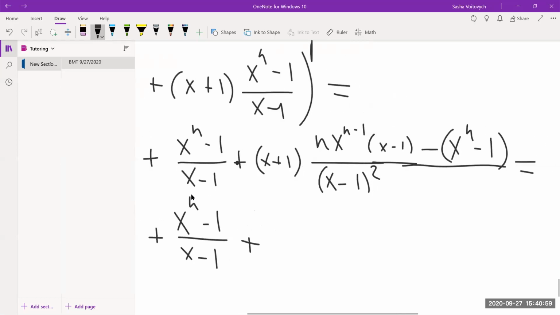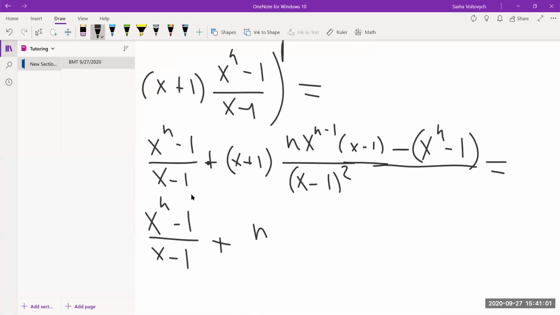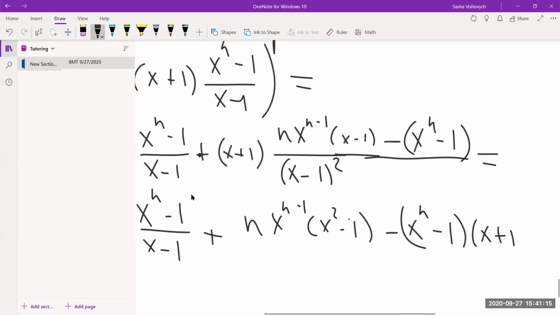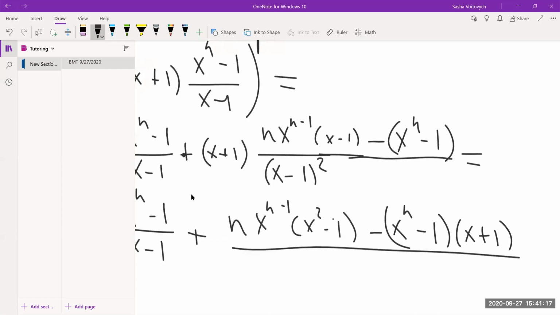Plus n times (x^(n-1))(x^2 - 1) minus (x^n - 1)(x + 1), over (x - 1)^2.